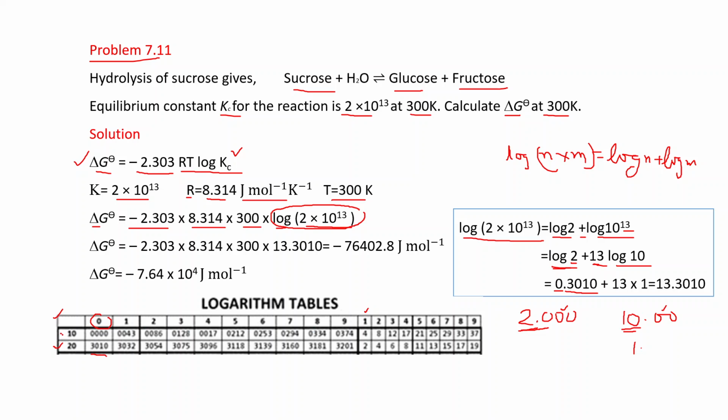This is 10 and in 0 we get 0. So simply we can say the value of log 10 is always 1. This is multiplied by 13, and if you solve it we will get 13.3010. Now put this as the value of log 2 into 10 to the power 13, and if you multiply all these numbers we will get the answer in joule per mole, and if we convert this into scientific notation we will get minus 7.64 into 10 to the power 4 joule per mole.